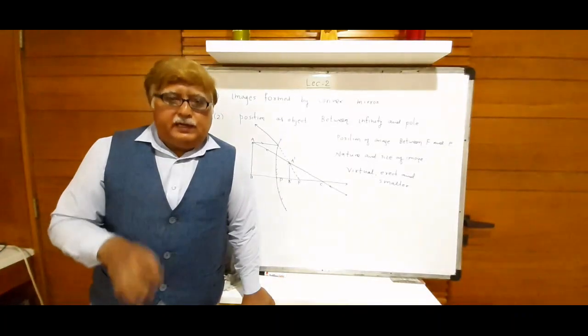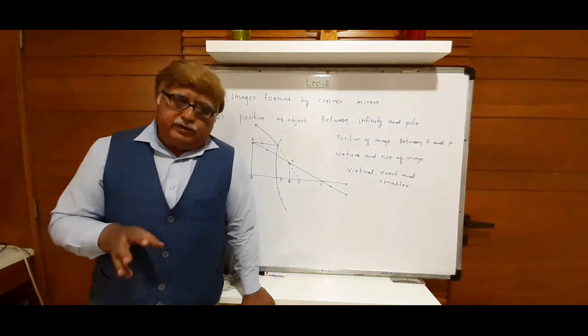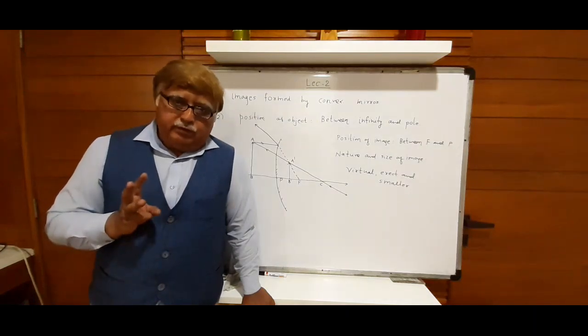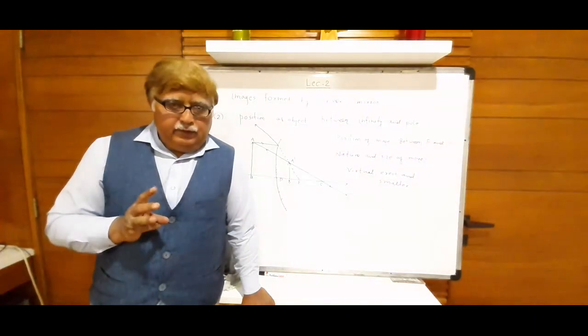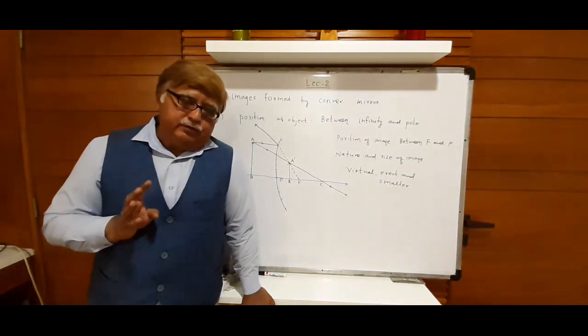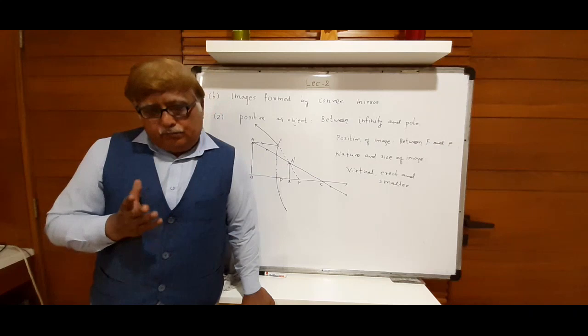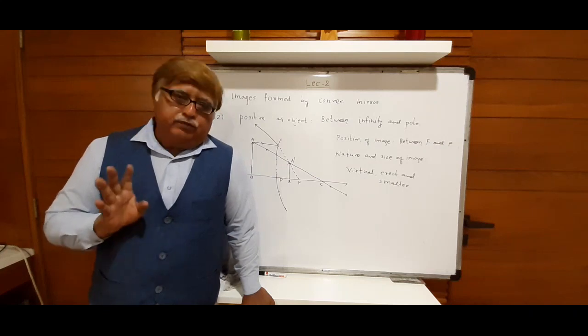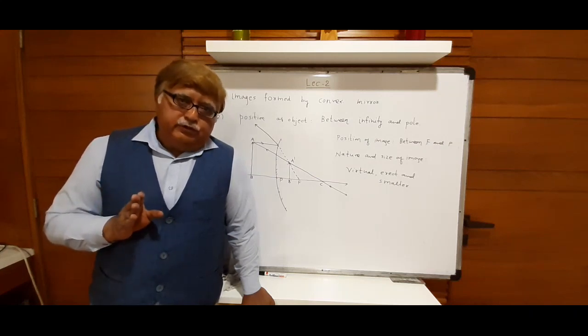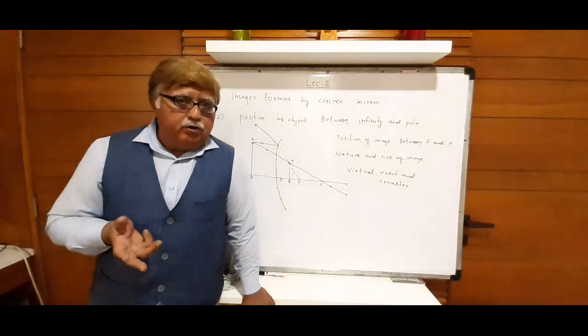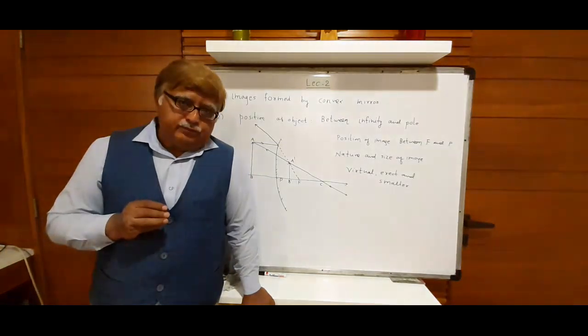Position of object, diagram, position of image, nature and size, everything. So third question, okay. Fourth question, did you note down the third question? What? Draw all ray diagrams of convex mirror. And the fourth one, write uses of convex mirror.